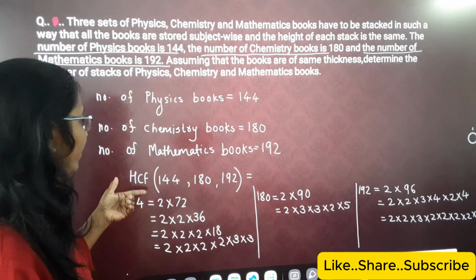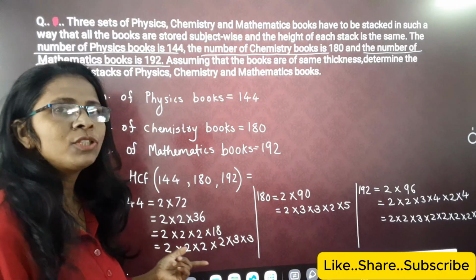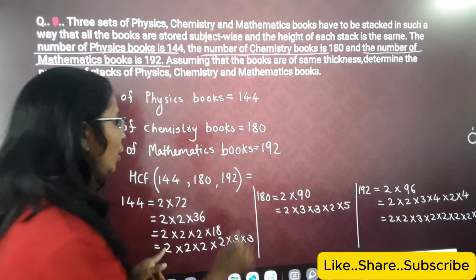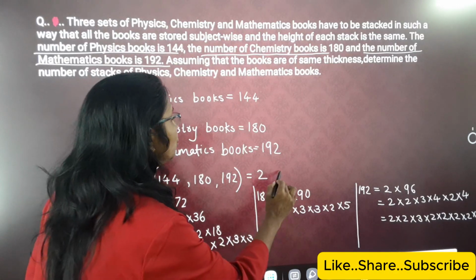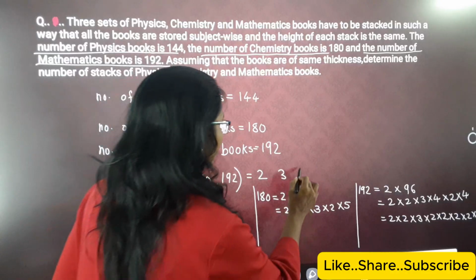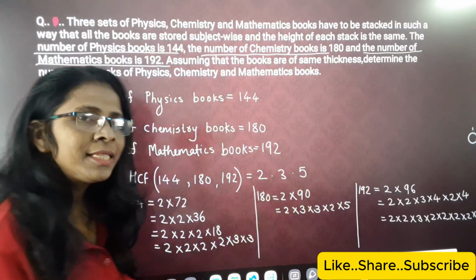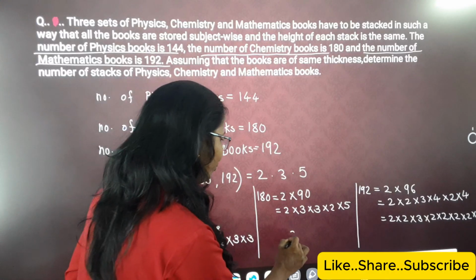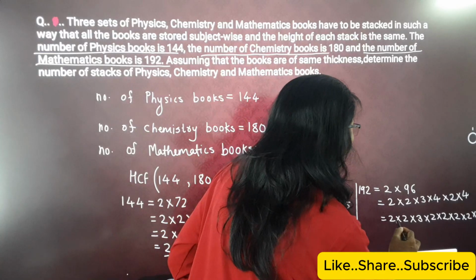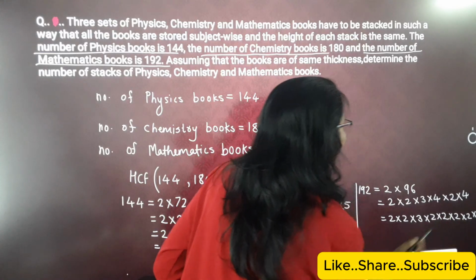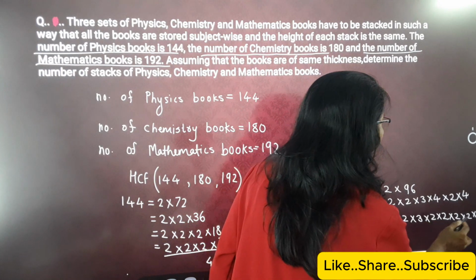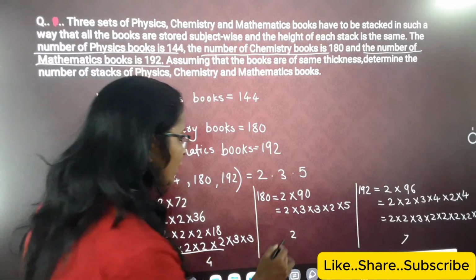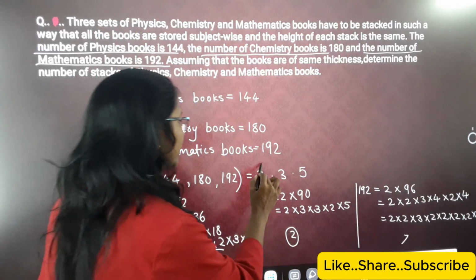Now we have to find the HCF of these. We have to take the lowest power of each common factor in the given numbers. The common primes are 2 and 3, and 5 is not common among these three numbers. The lowest power of 2 is 2, so that is the square of 2.